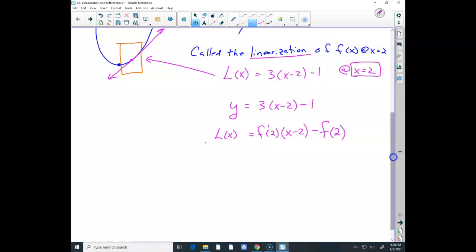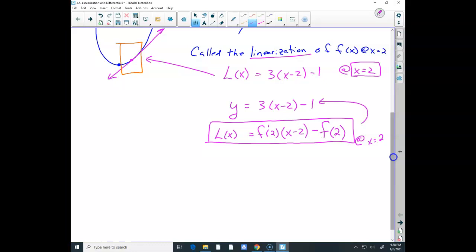So this is a linearization of f of x at x equals 2. I can approximate f of x anywhere within a reasonable proximity of 2. If I want to be close to it, I'm going to get a really good approximation of any decimal value close to 2 just by plugging it into that.